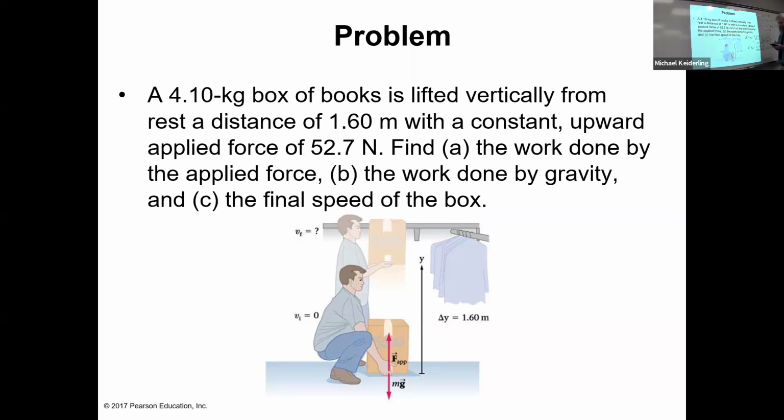So this comes out to 4.1 times 9.8 times 1.6 times -1, minus 64.288 joules, or minus 64.3 joules.